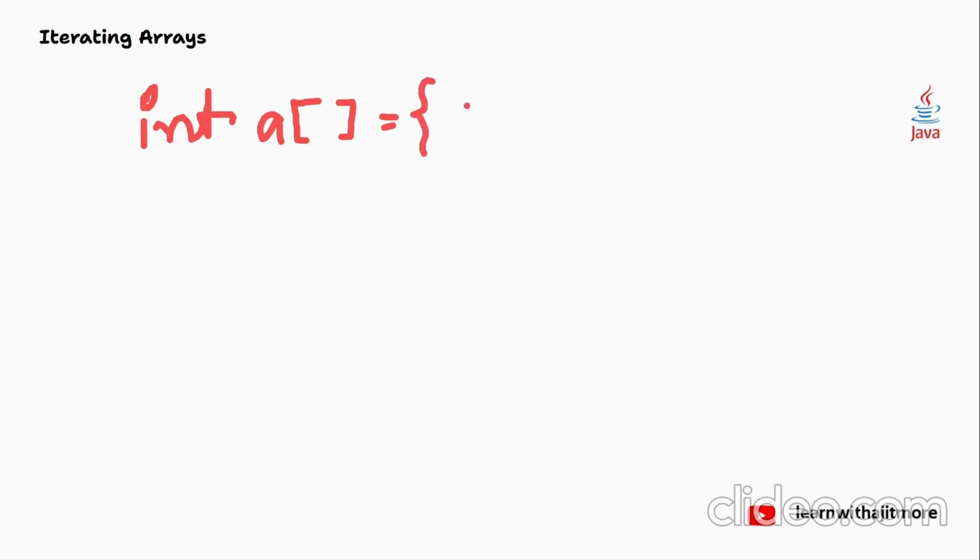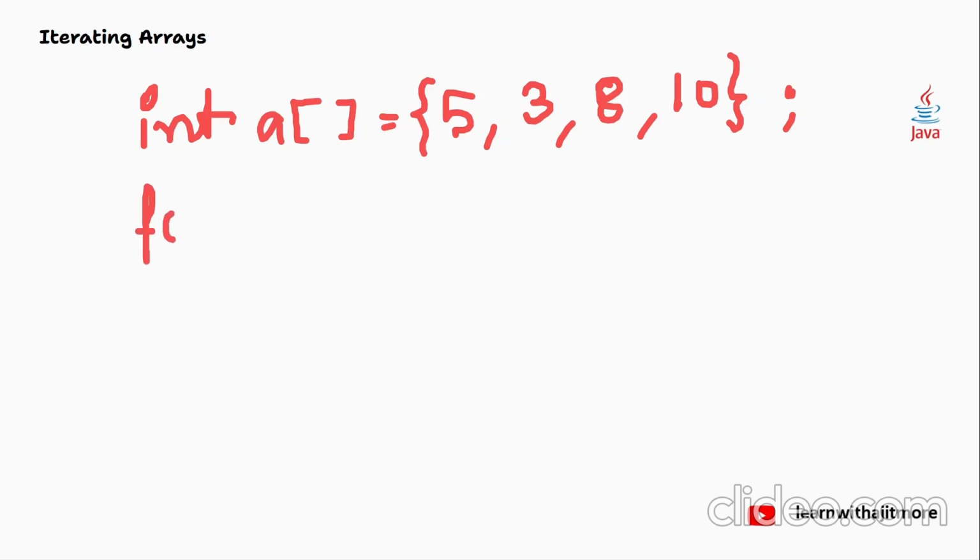So you are having an integer array with some values. Now, I just want to traverse this array using a standard for loop, not a special for loop, the counter based for loop. You can do it by using for. Then the initialization part.